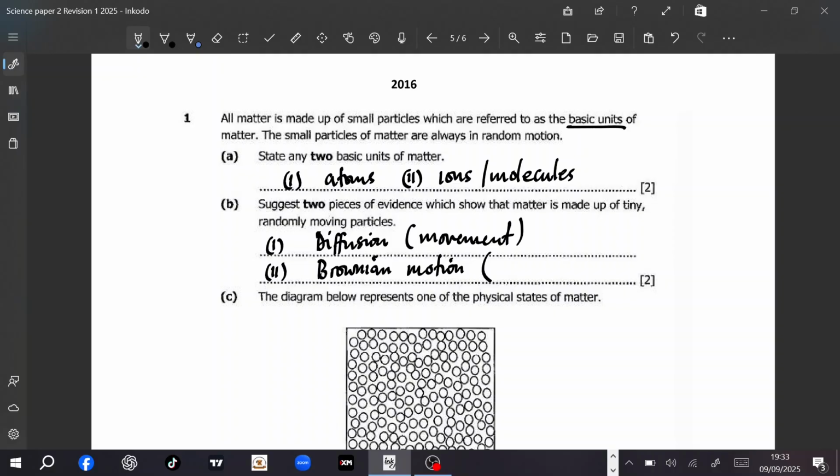Then another evidence is Brownian motion. It's an experiment that was conducted by a scientist by the name of Robert Brown, who observed that in smoke, which was put under a microscope, and then light was shined through the smoke, smaller bright particles were moving in a zigzag way.